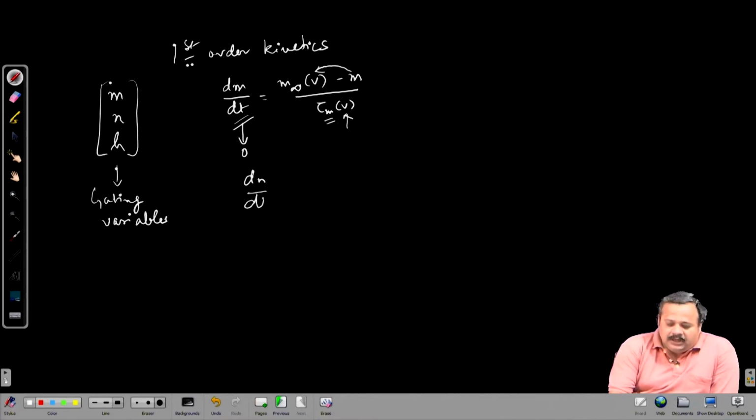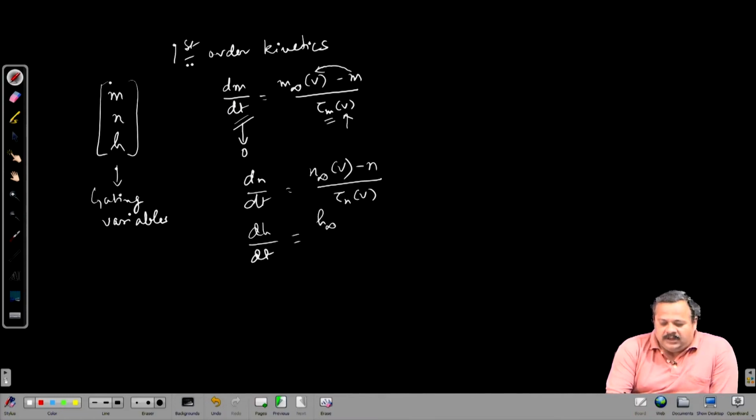So, similarly dn/dt is also described in the same way, which is n infinity V minus n divided by tau n V, and dh/dt equal to h infinity V minus h by tau h V.